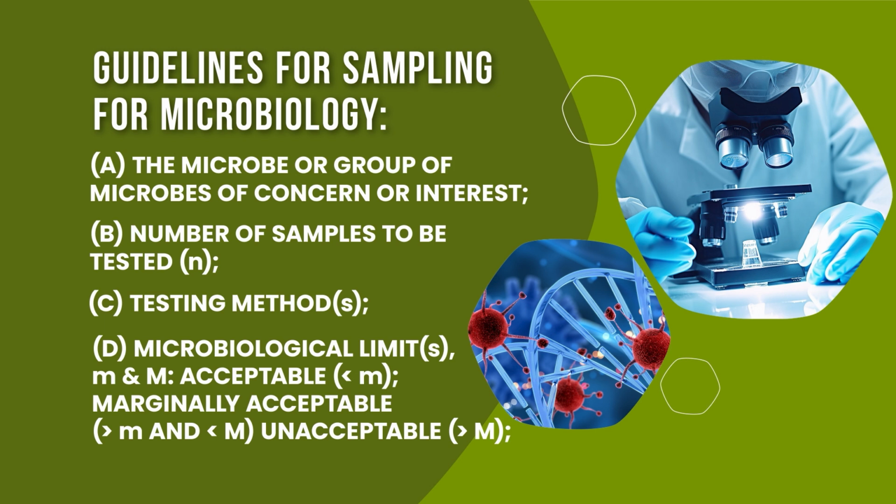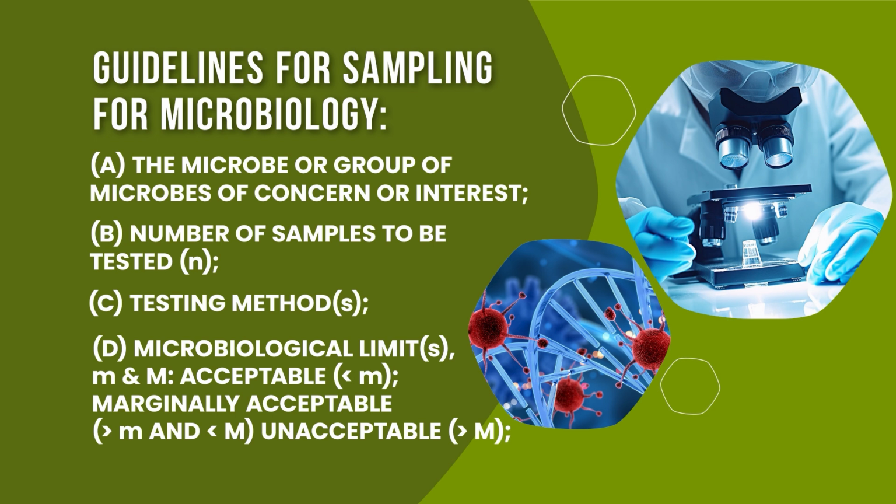Now the small m, less than small m means acceptable. What is the concentration of microbes, what is the microbial load, if it is less than m, acceptable. Then there is marginally acceptable. That means more than m but less than capital M. Capital M is dangerous.